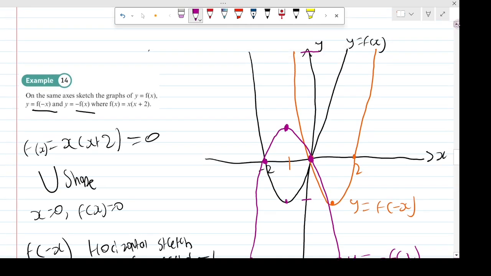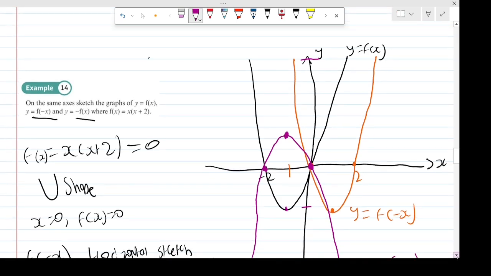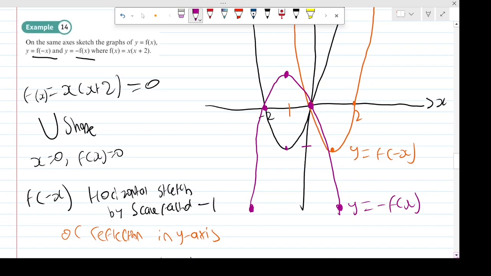Cool. And again, compared to the black curve, hopefully you recognise that this is a reflection in the x-axis, right? If you compare the purple curve to the black curve, it's reflected in the x-axis. Like this part here, that's the reflection in the x-axis. Again, the turning points of the black and the purple curve are reflected in the x-axis.